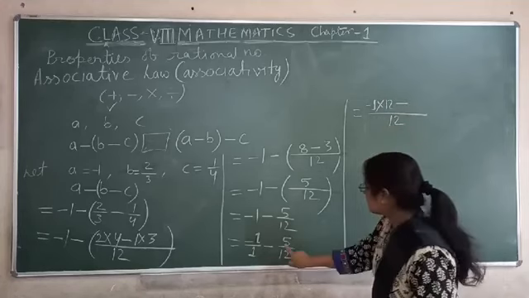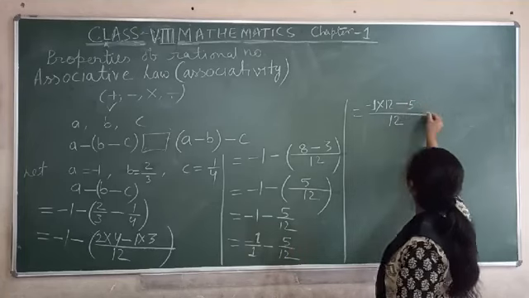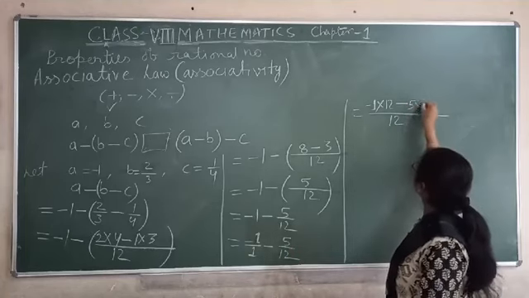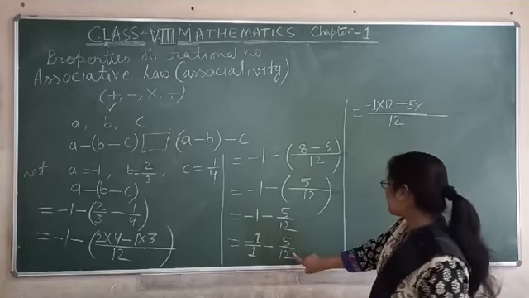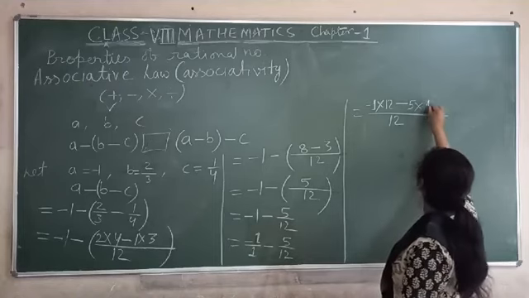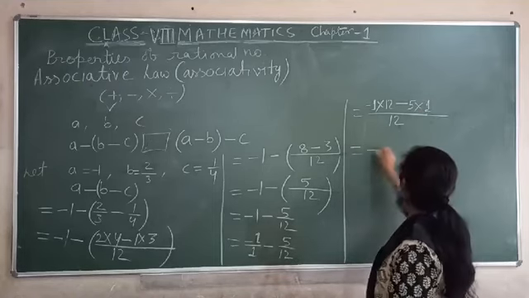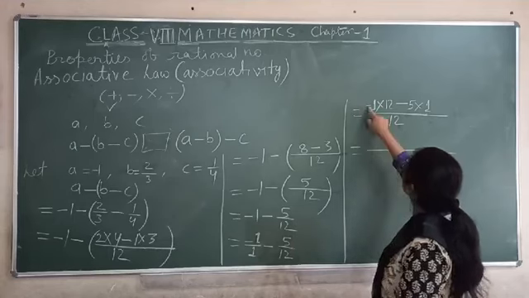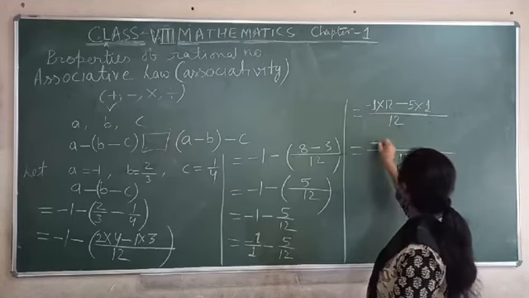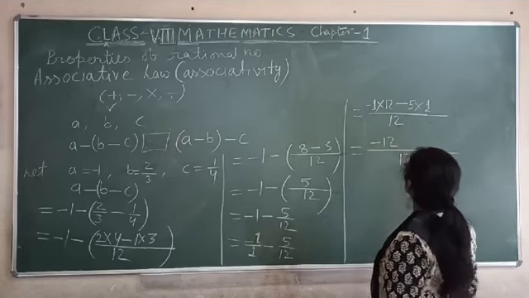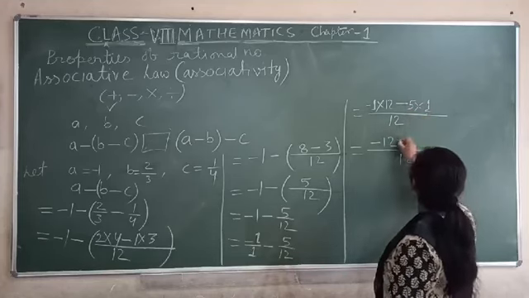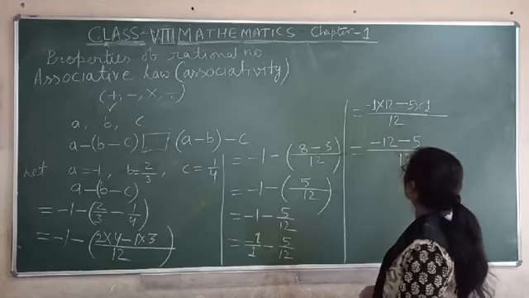Then again minus sign, 5 into 12 divided by denominator 12, you get 5. Here you get minus 12 and minus 5.